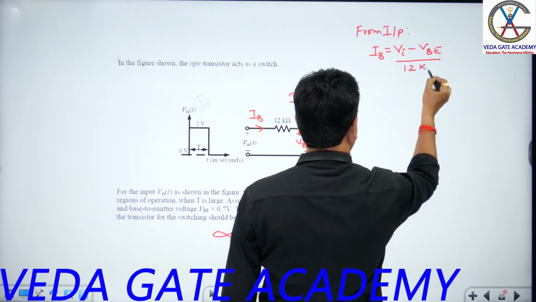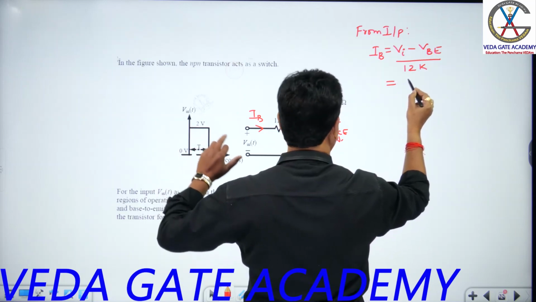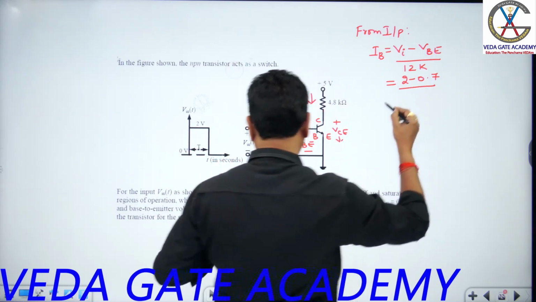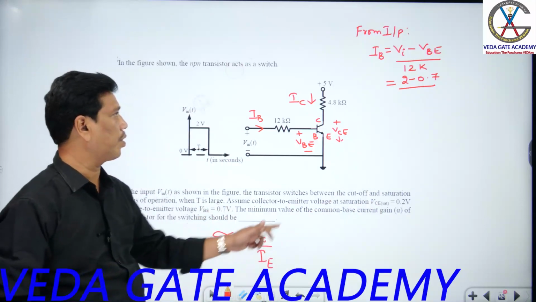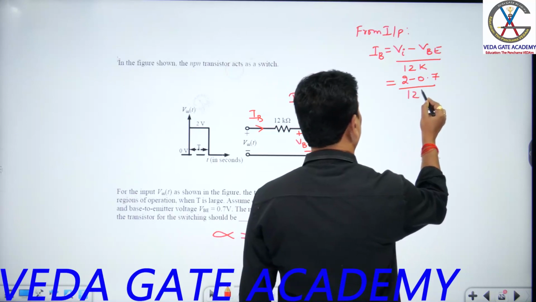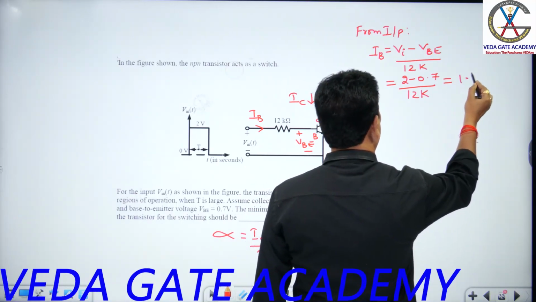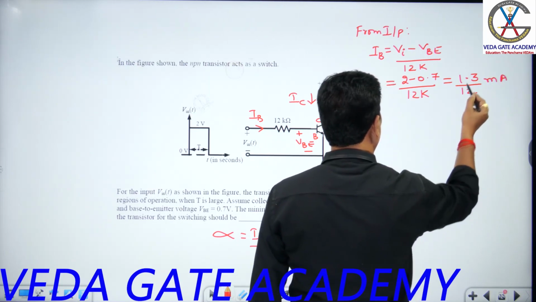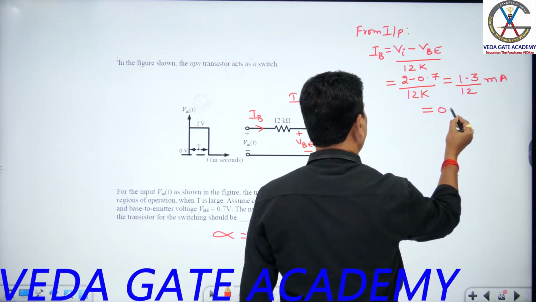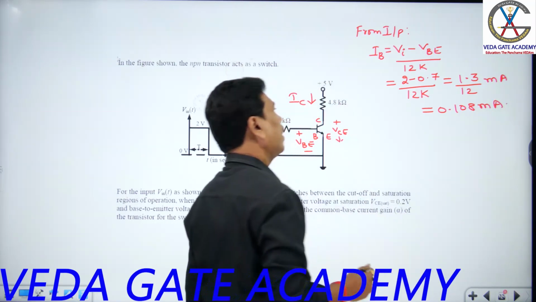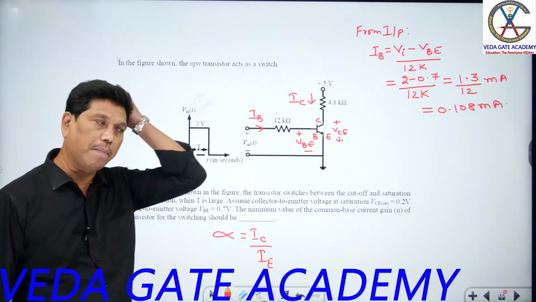That equals 1.3 by 12K, taking the K to the numerator it becomes milliampere. 1.3 by 12 becomes 0.108 milliampere. IB becomes 0.108 milliampere.